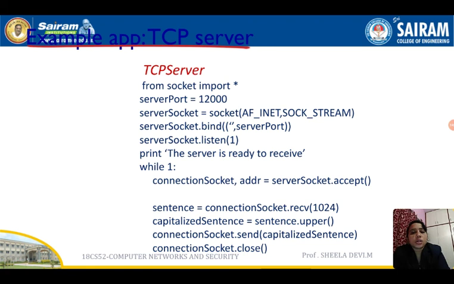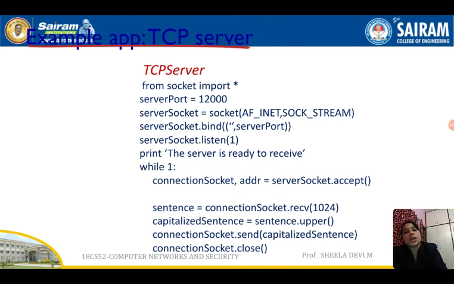So connection socket comma address is equal to server socket dot accept. So it is accepting the handshaking. Once the handshaking is done, the accept function is called, which will create the connection socket. Clear?